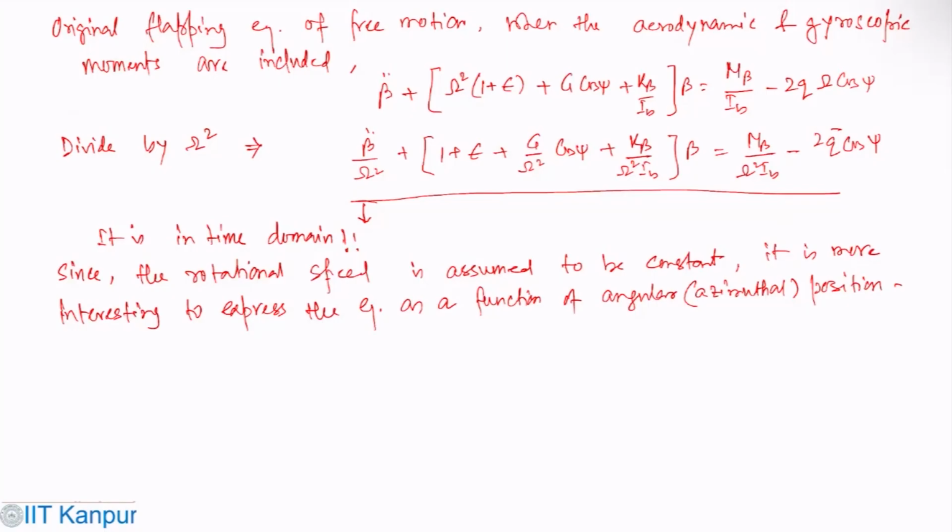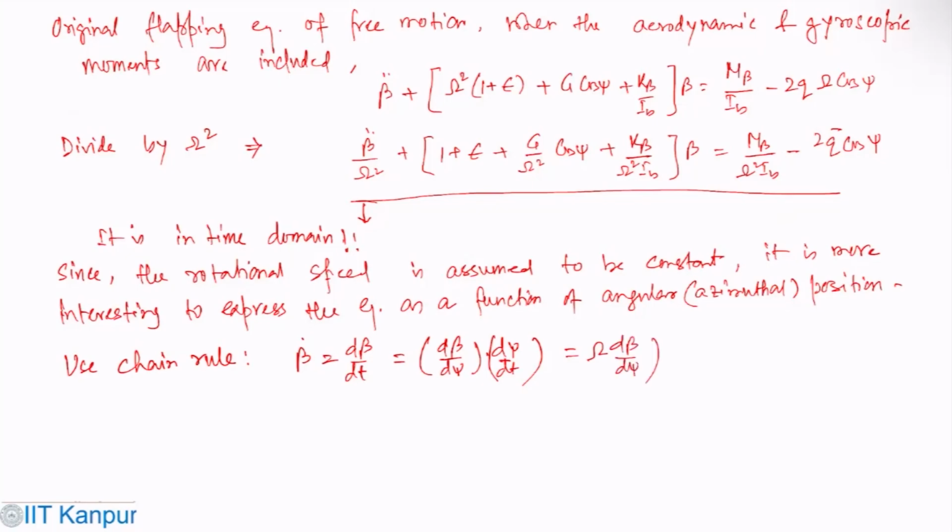So now we use the chain rule. Beta dot is d beta by dt. We can have d beta by d psi times d psi by dt, which is omega d beta by d psi, that is omega beta prime. Similarly, one can find that beta double dot equals omega square beta double prime.